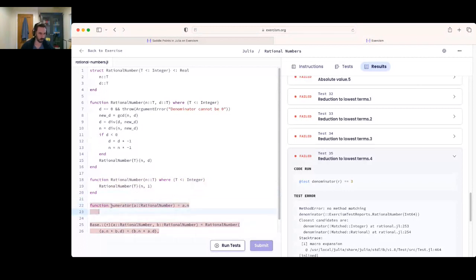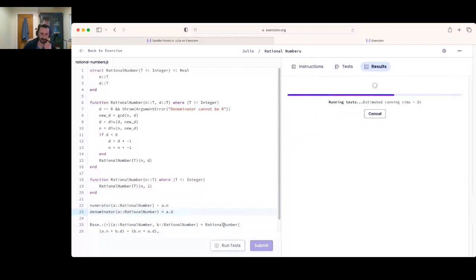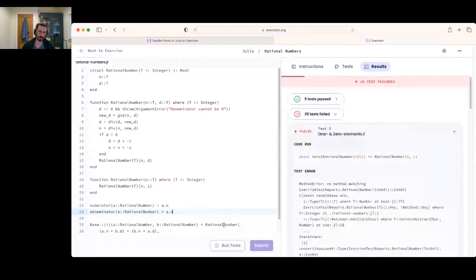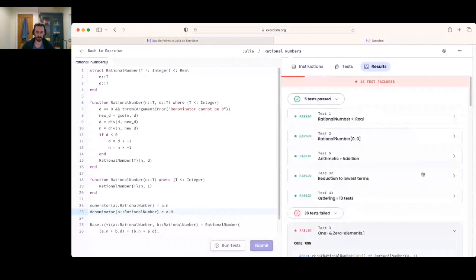In fact, we could do that in one line. And numerator, A dot D. See if that works. See if that's a quick win on some tests. Yes. There we go. Reduction to lowest terms. We got through that one.